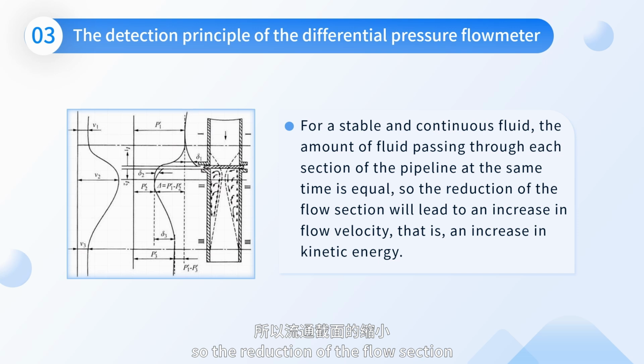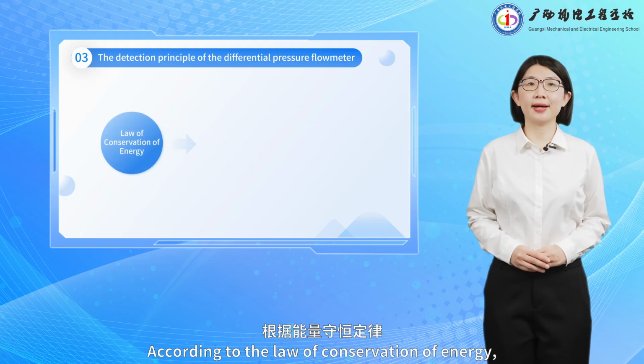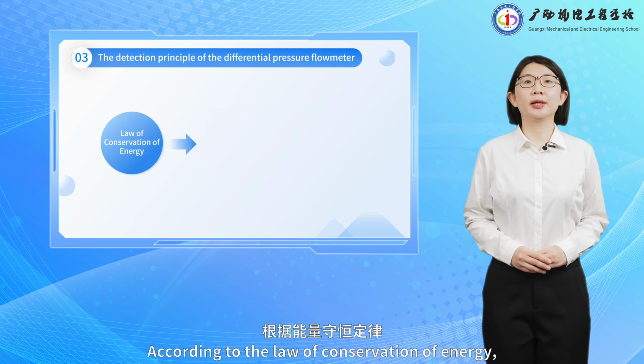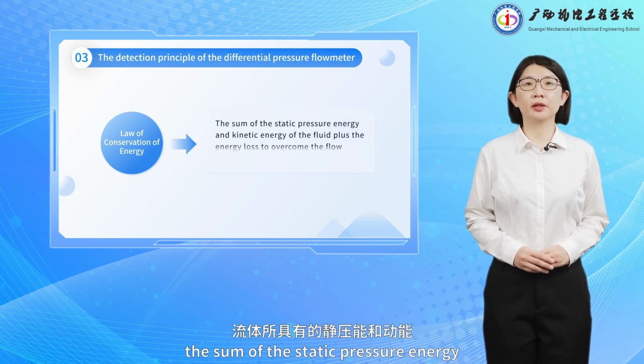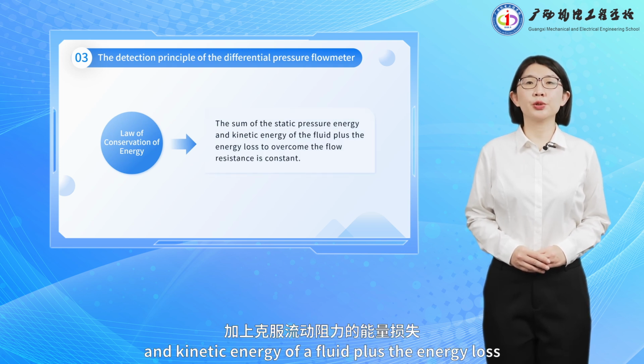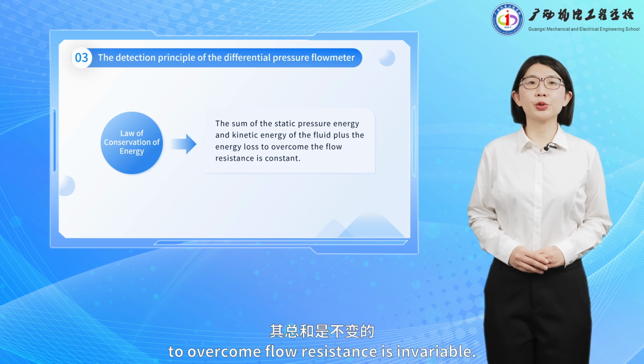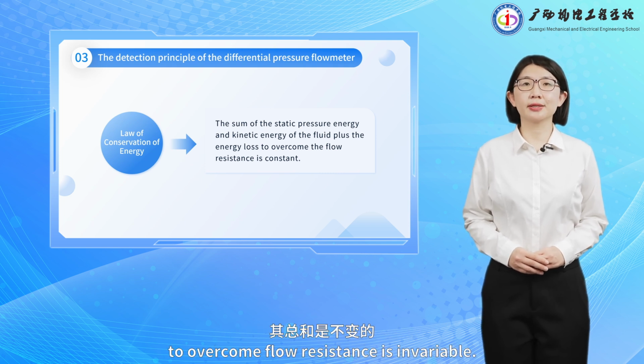So the reduction of the flow section will lead to an increase in flow velocity, that is, an increase in kinetic energy. According to the law of conservation of energy, the sum of the static pressure energy and kinetic energy of a fluid plus the energy lost to overcome flow resistance is invariable.